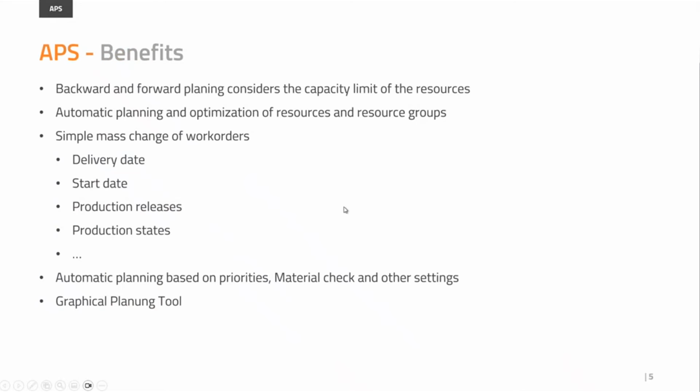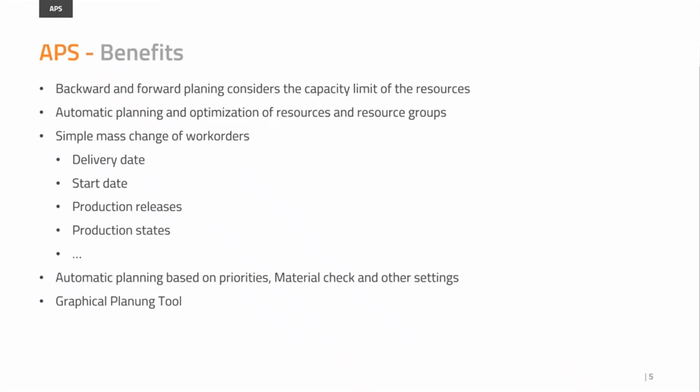So the benefits from the APS: we can plan backward and forward to consider the capacity limit of the resource. Forward starts at the soonest production date. So for example, if I have all the material in stock, I plan it forward, and it will give me my soonest production date.